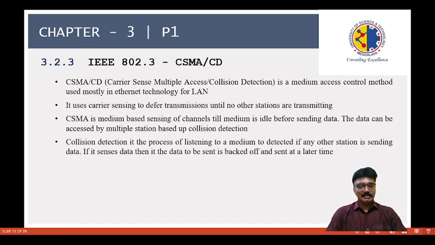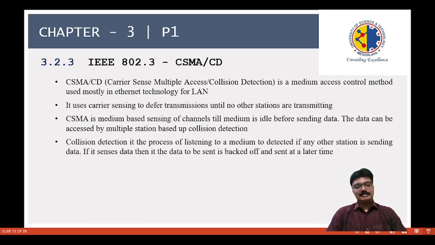So this is the method. Collision detection is the process of listening to a medium to detect if any other station is sending data. If it is, then the data to be sent is backed off and sent at a later time.